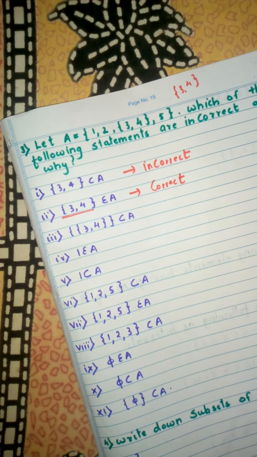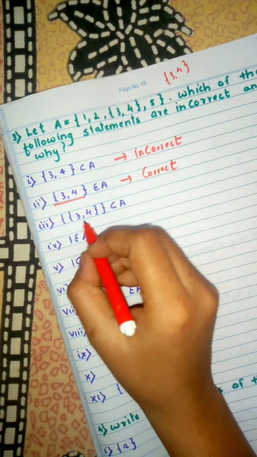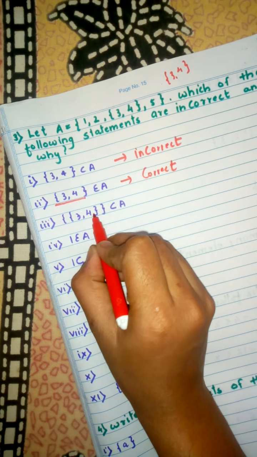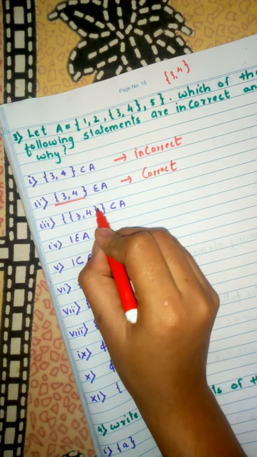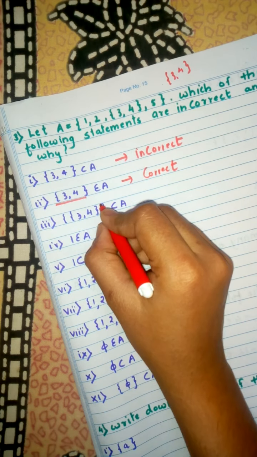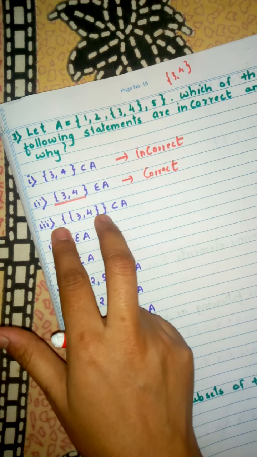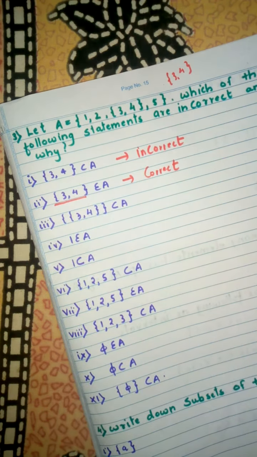Now moving to the third question, it says {{3, 4}} is a subset of A. Outside also there is one bracket, so there is a set inside a set.